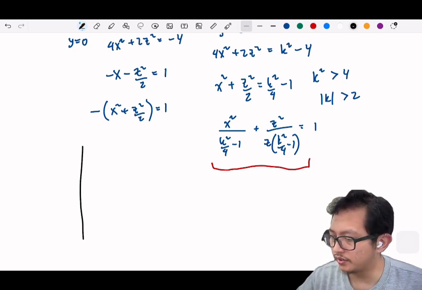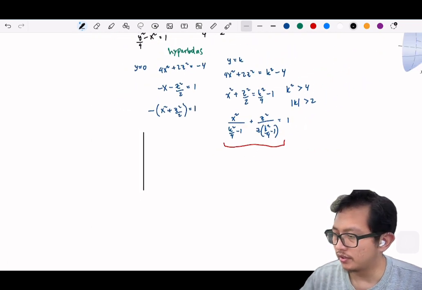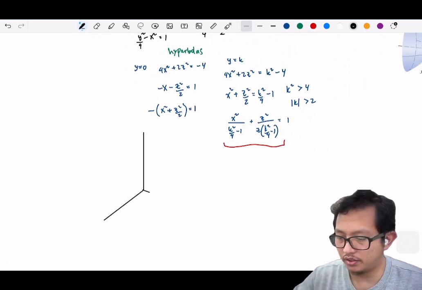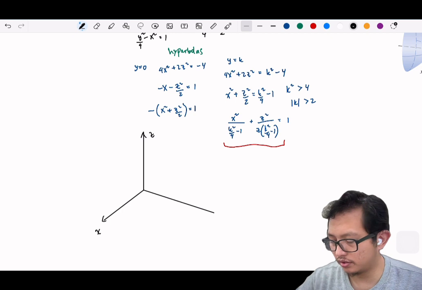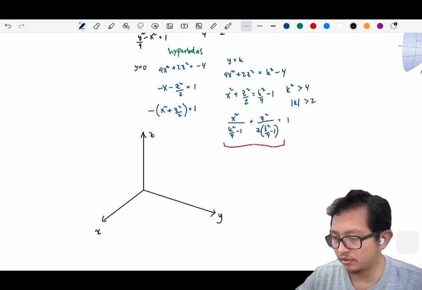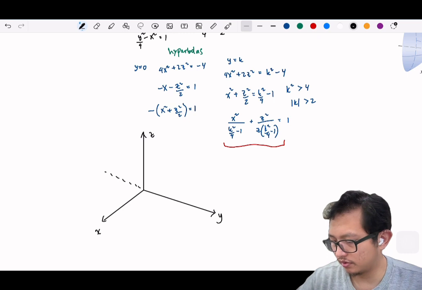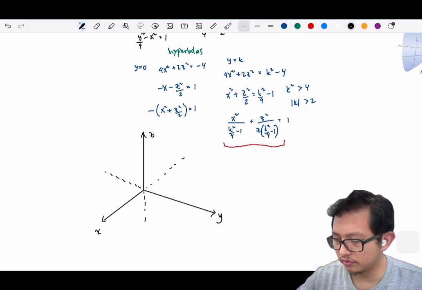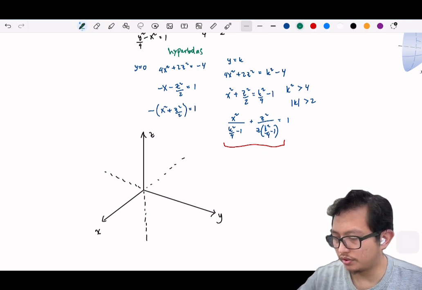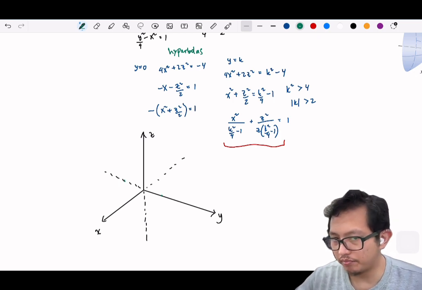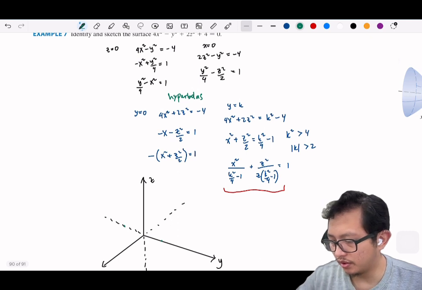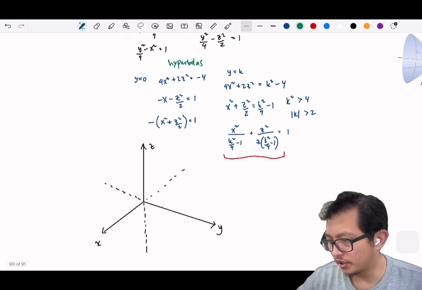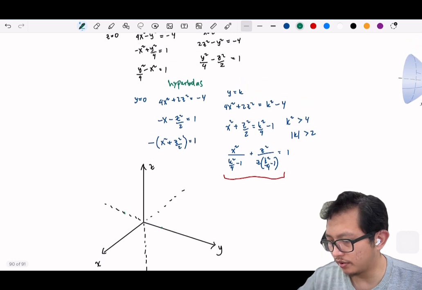Now this traces. We could see that when we have x, y, z, if we start making the hyperbolas, we could start from the yz and xy.